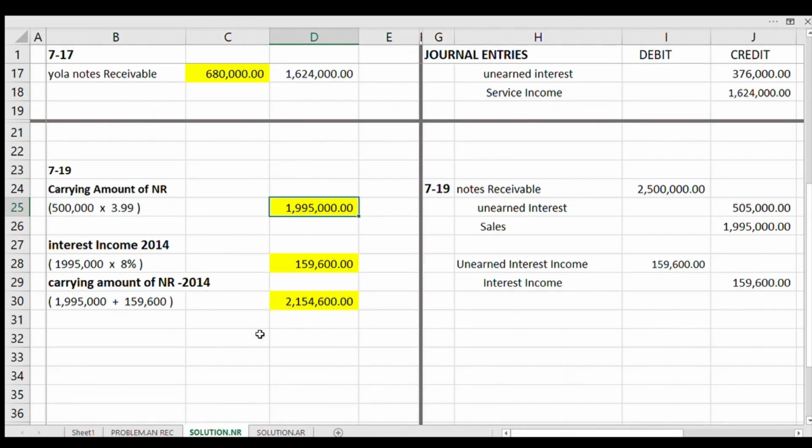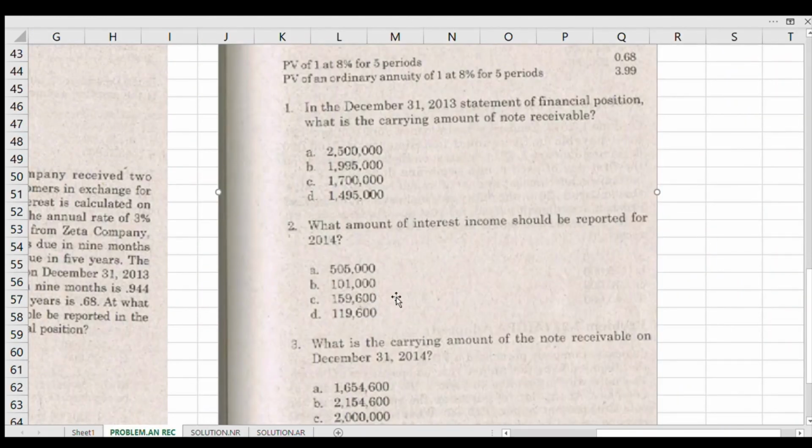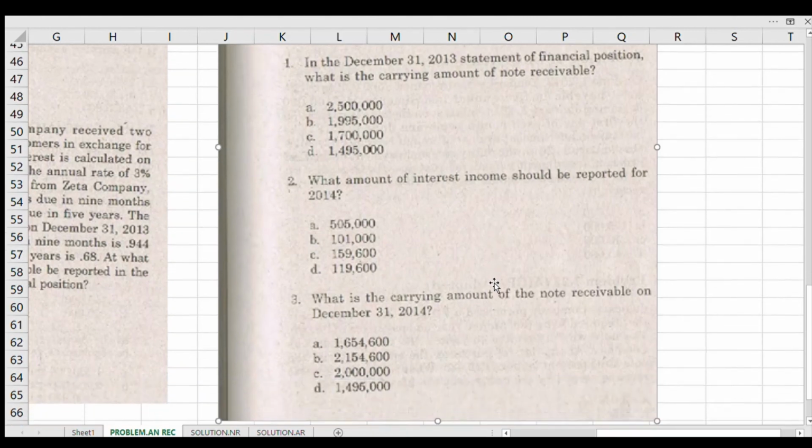Our answer is 159,600, because we use as the basis 1,995,000 multiplied by 8%. That is letter C.